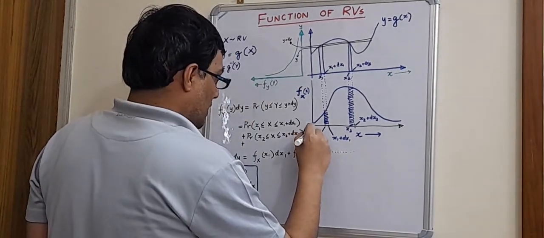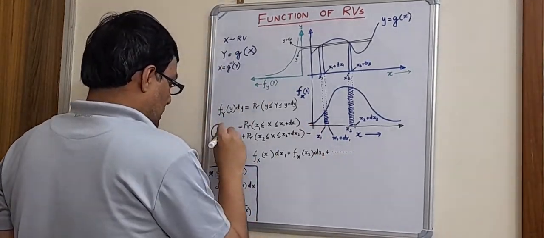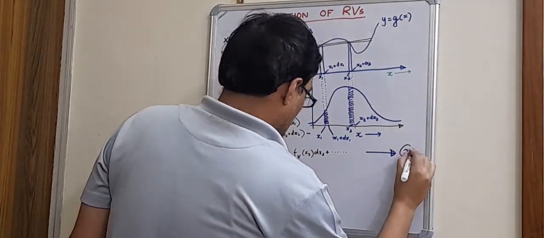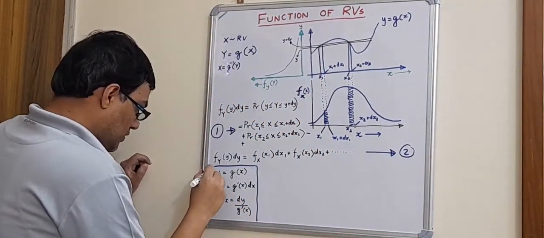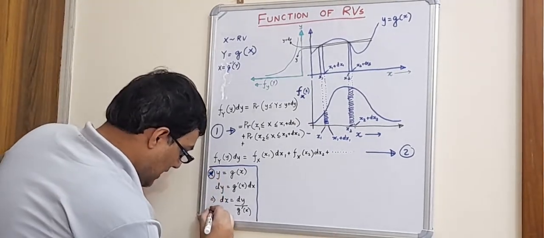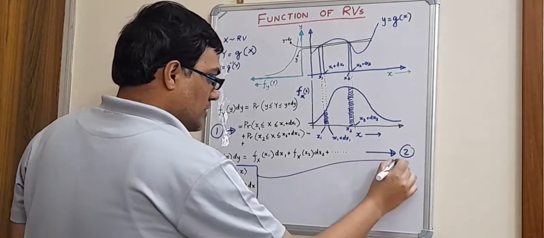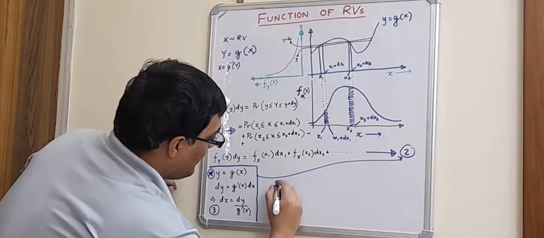Let's say this is 1, this whole thing is 1, and let's say this is equation 2. So what I will do is I will substitute this, which is, let's say, 3, in 2. So basically I will take this and I will substitute it here. So what will happen?